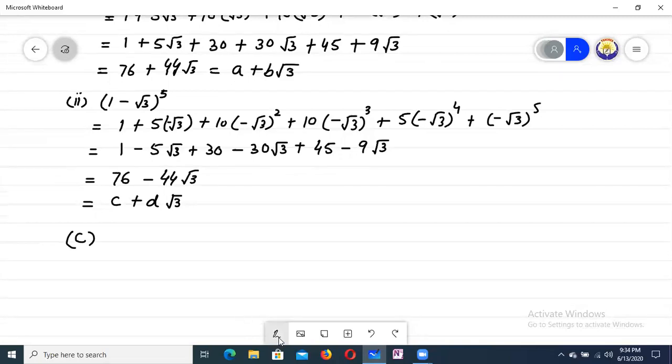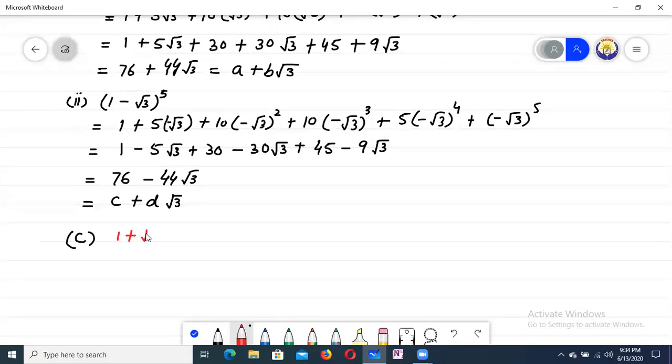In part C, what he is saying is: use your answer to part B to simplify 1 plus square root 3 raised to the power 5 plus 1 minus square root of 3 raised to the power 5. Simplify this one by using part B.